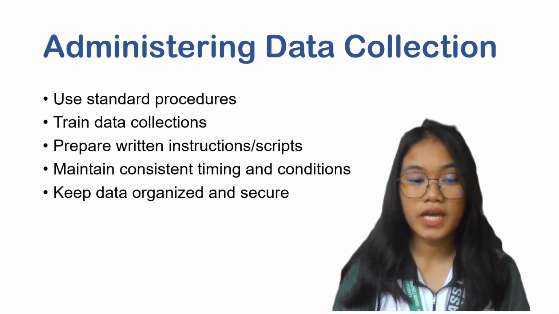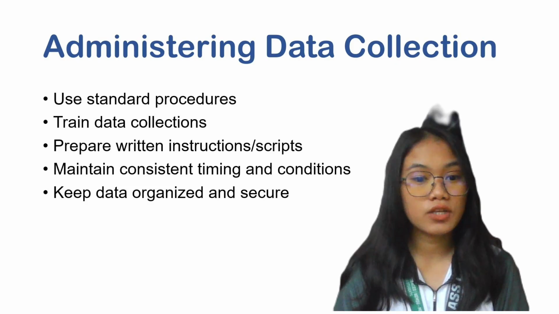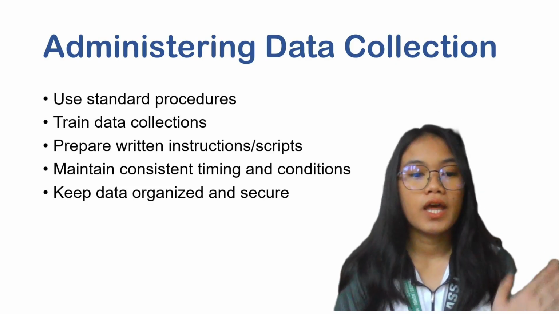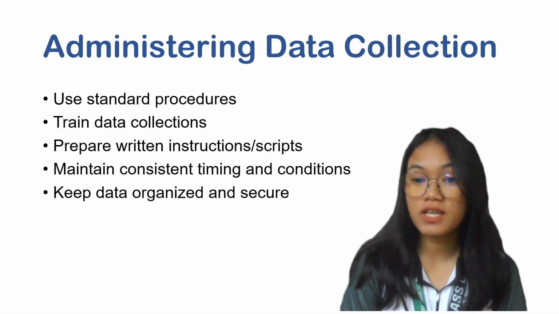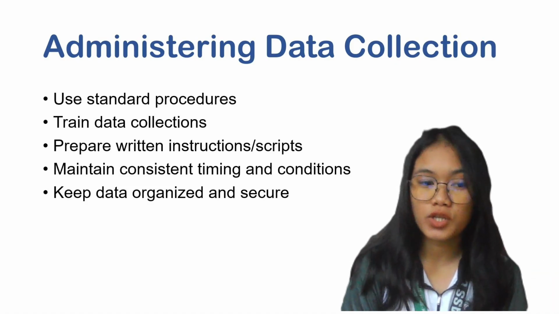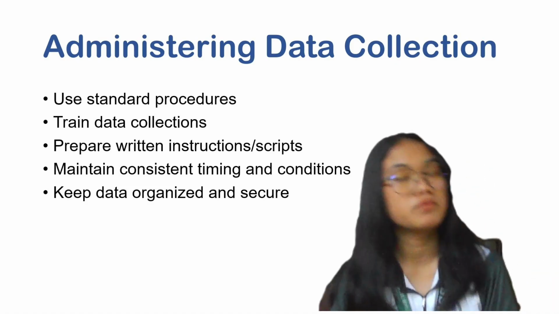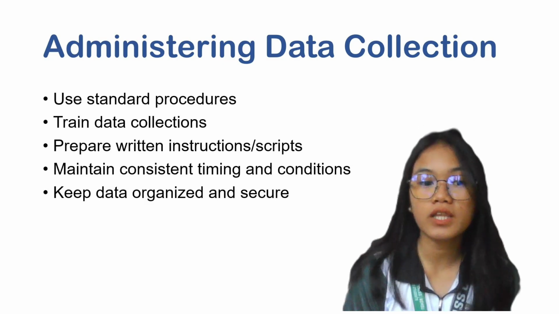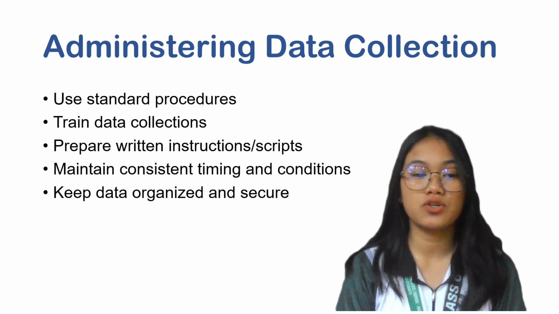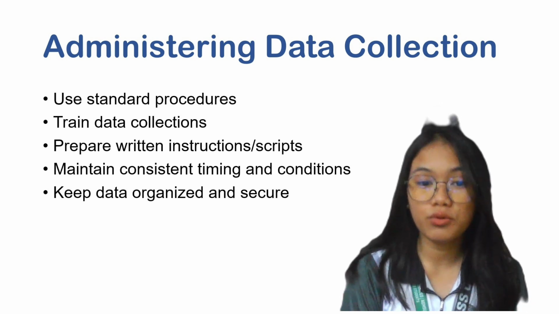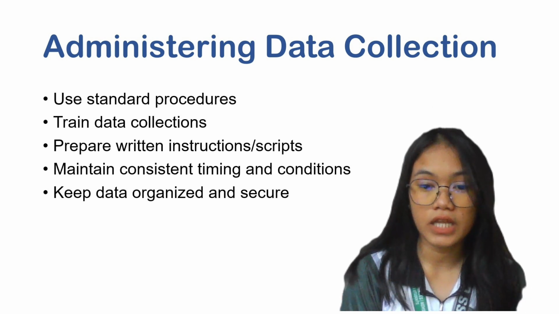There are scripts and checklists. Timing and conditions are controlled. Data can come from participants themselves, like self-reports, from researchers' observations or ratings, or from documents and records. Proper organization is also necessary, including secure storage of data.